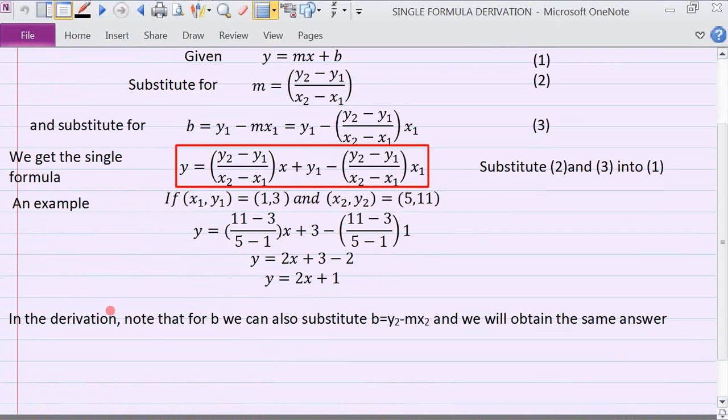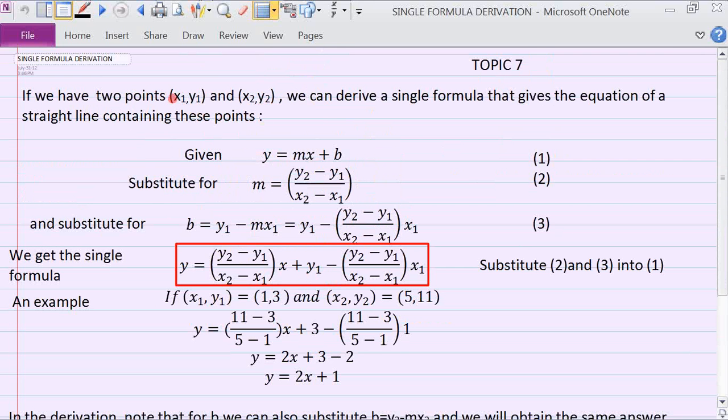Now, I'm not suggesting that you memorize this or anything like that, but it's interesting to see how you can manipulate the formulas to give you a, albeit complicated, but an answer that works. Normally what we do here is we calculate the slope and then we calculate b.